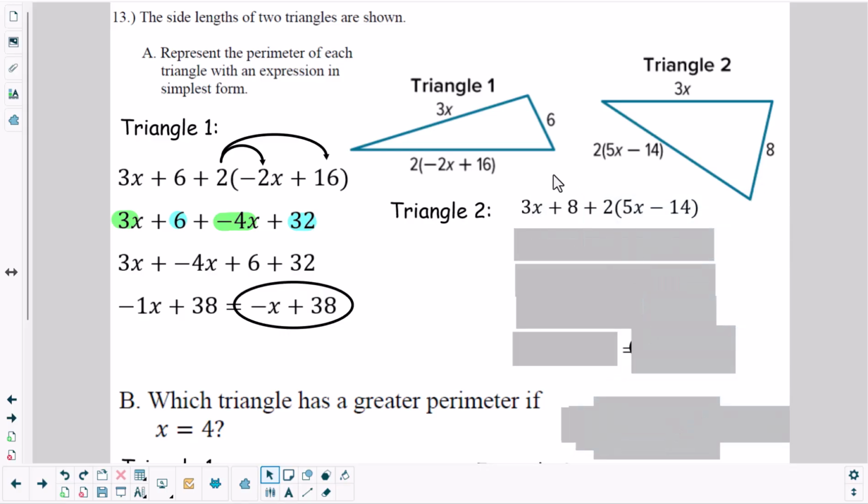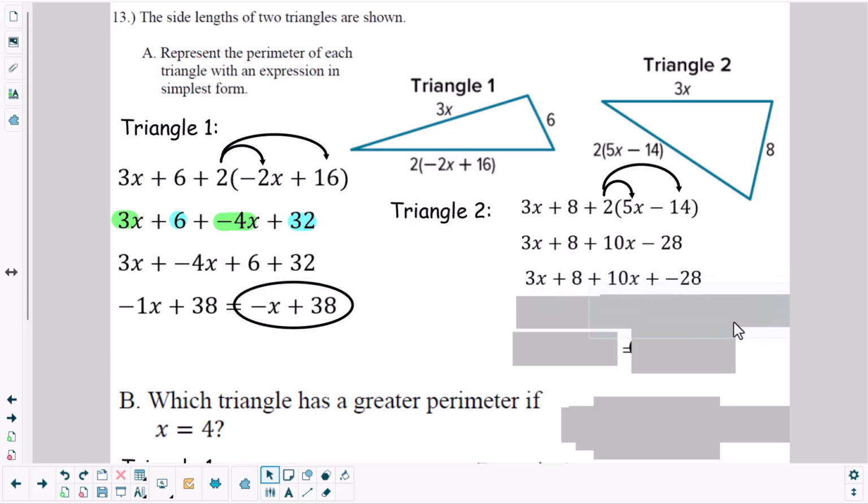So I represented this as 3x plus 8 from this side and this side, plus 2 and then in parentheses 5x minus 14 for this third side. Now let's distribute. We have to take 2 times 5x minus 2 times 14. So we can write this as 3x plus 8 plus 10x from the 2 times 5x minus 2 times 14, which is 28.